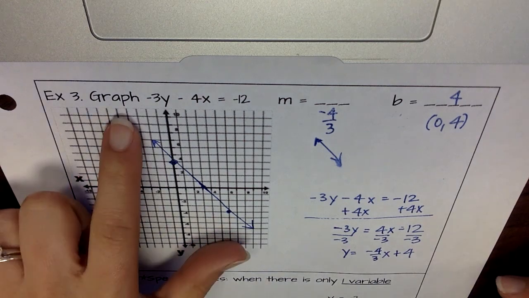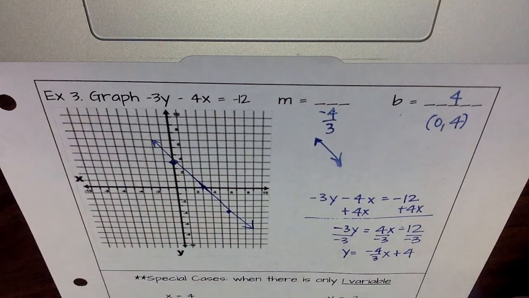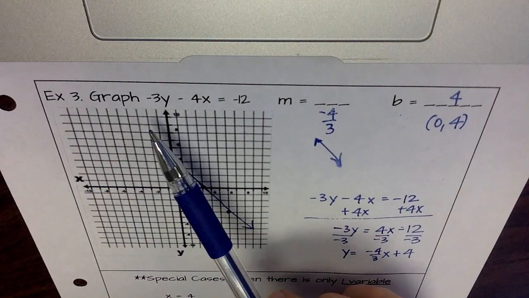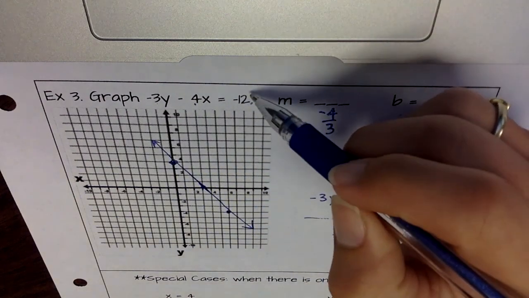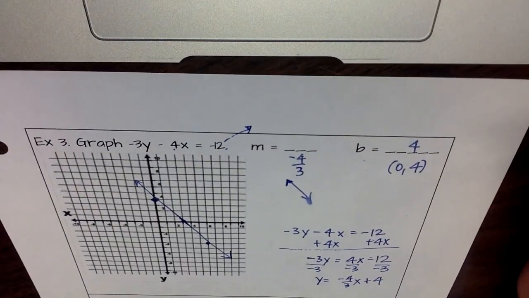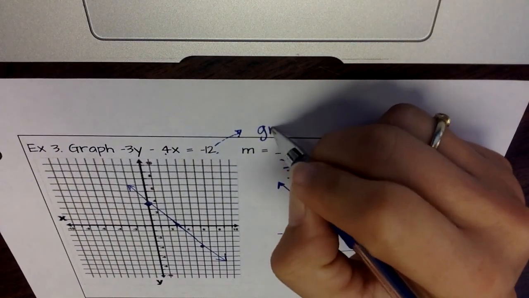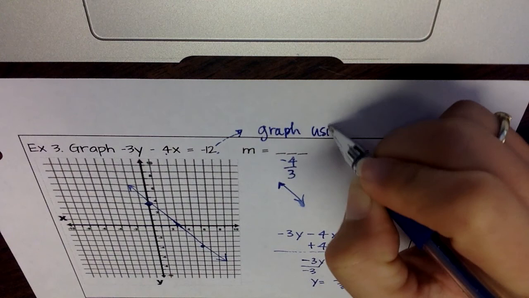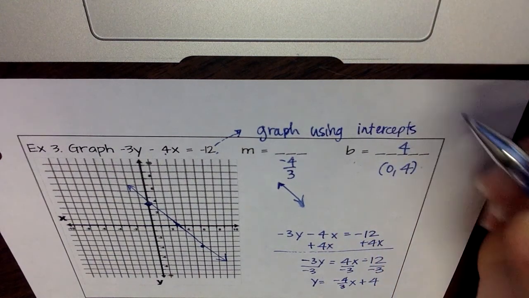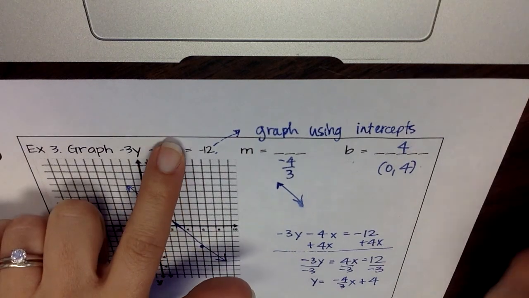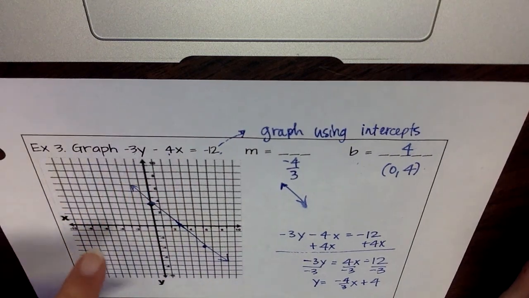Now, I just want to speak one moment about example 3. I can tell, and I bet you can tell too, 3 and 4 are multiples of 12. So in this particular example, it may have been easier to graph using intercepts. Remember we practiced? You let x be 0, and you let y be 0, and then you find your intercepts.